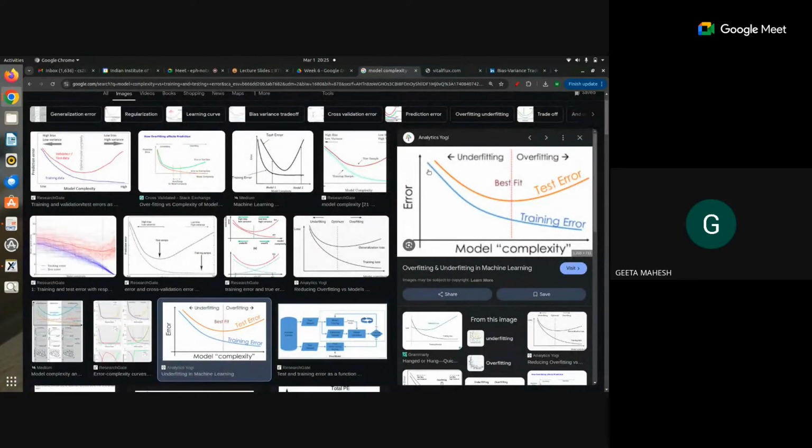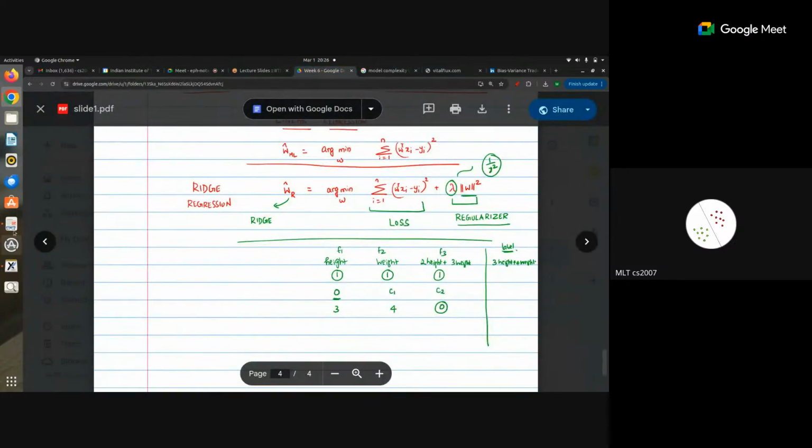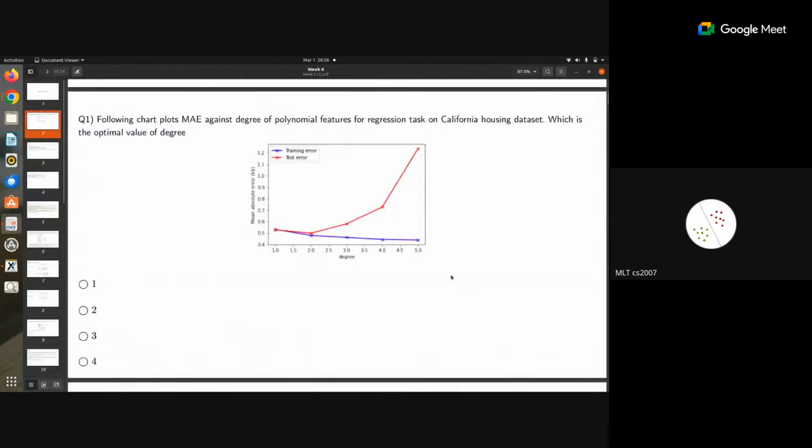Here, what is happening? The errors are high. Both the errors are higher, right? The training error is higher and the test error is also higher, but they are close to each other, maybe. That's what we saw in the first picture, right? Both train and test errors were high. This is the case of underfitting.